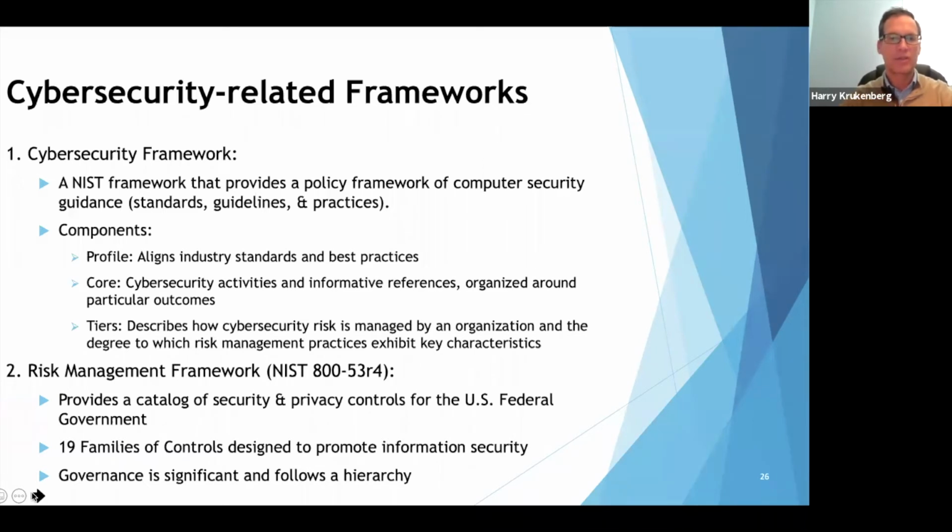Those controls are then categorized into 19 different families designed to promote overall information security. The governance here is pretty substantial, and it follows a specific hierarchy. And within that Risk Management Framework is the policy for protecting CUI, or controlled unclassified information. Next slide.